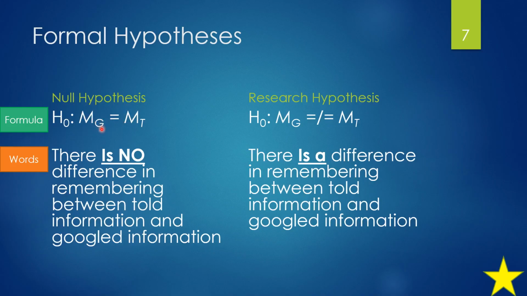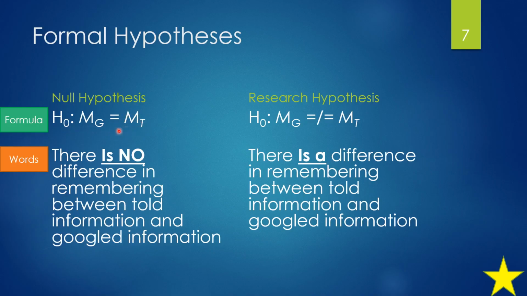G I chose for Google, and T I chose for told. So what this hypothesis says is that the average amount of information people remembered that they Googled is the same as the average amount of information people remembered that they were told.